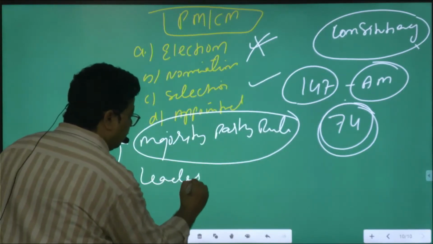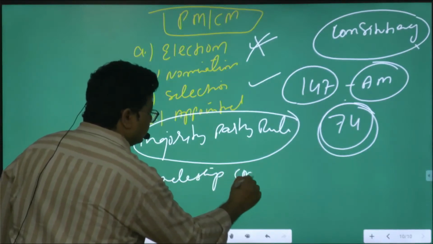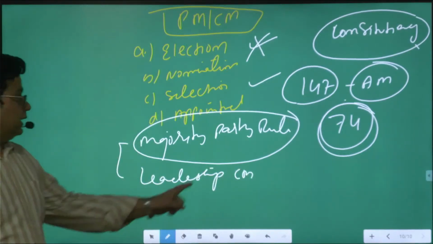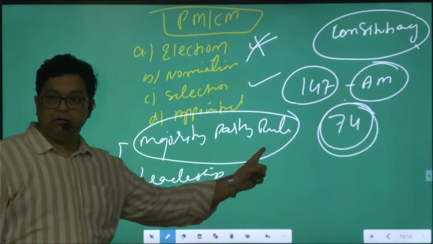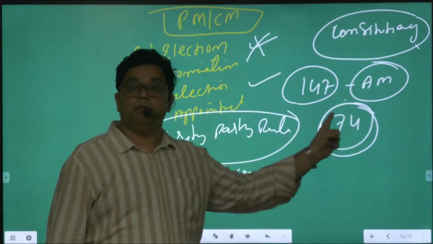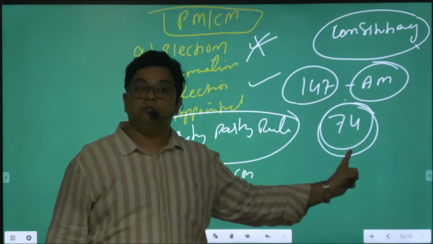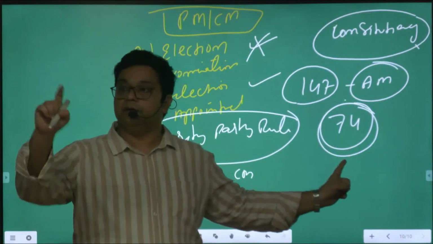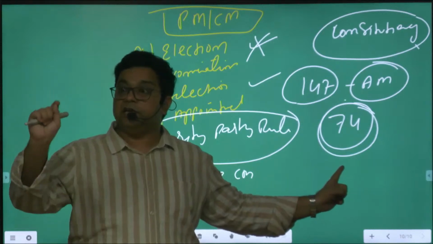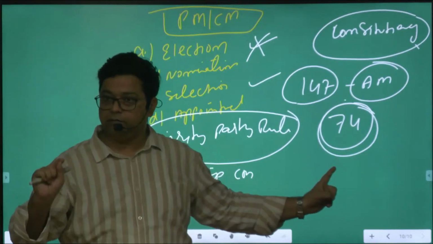leadership of the chief minister. What does it mean? This majority party, which has a majority number of seats in the assembly, will decide one leader, that this is the leader of the majority party.